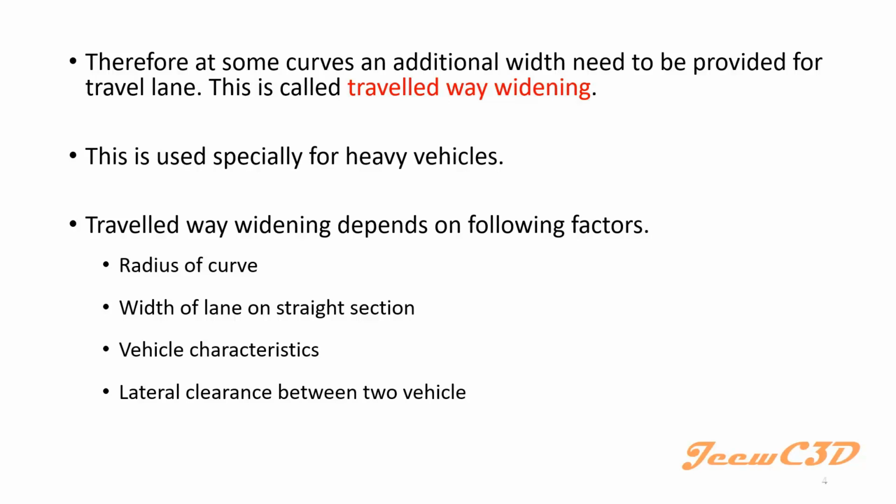Usually in straight sections this gap is a little bit low, but in curved sections the drivers maintain more gap to have safer overtaking or traversing movement inside the curve.